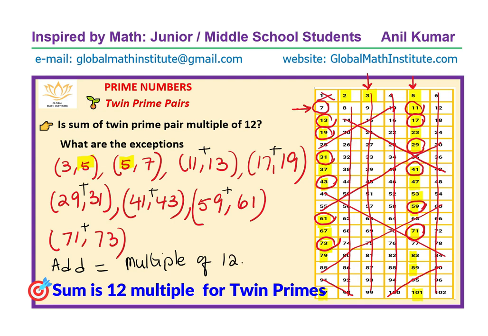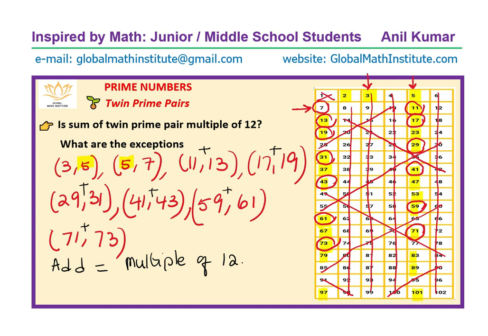In fact, all these twin primes which we have listed, apart from the very first one, which is 3 and 5, follow this particular formula: 6n minus 1 and 6n plus 1. Makes sense, right? You saw that all the prime numbers were on either side of the sixth column.